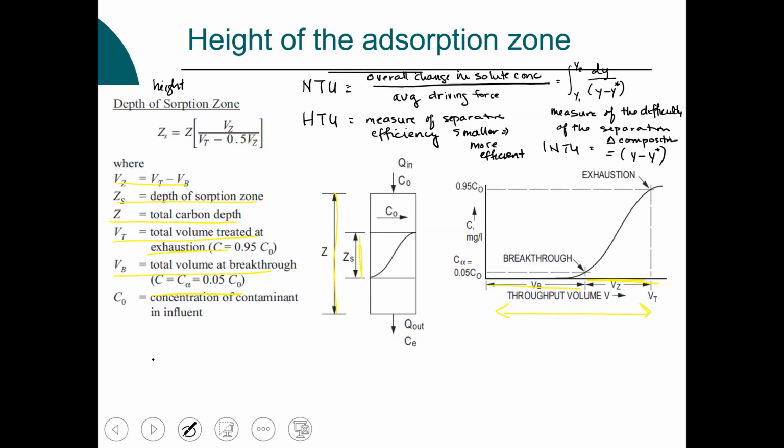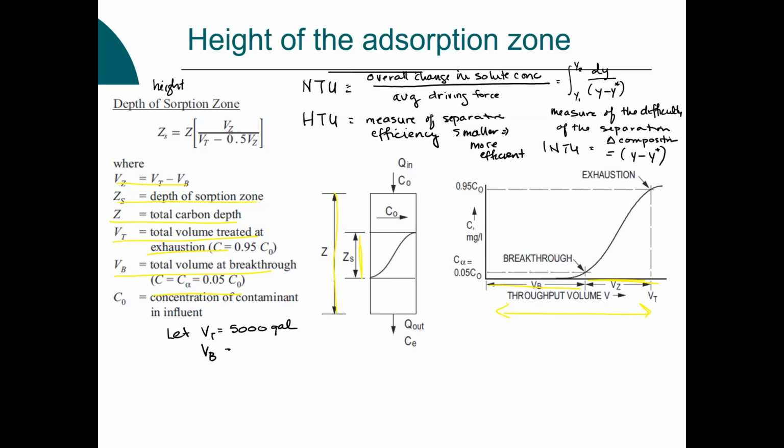Now let's look at two different scenarios. We'll refer to this as the first scenario, and we'll let V sub T equal 5,000 gallons. So we've treated 5,000 gallons of water to the point where we exhaust the carbon.